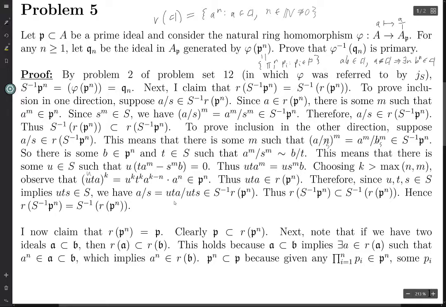So if we take us to the mb and raise it to the power of n, then this is u to the n times s to the m plus n times b to the n. And b to the n, we know is in p.